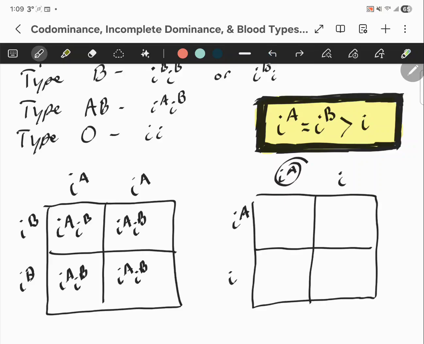Let's use our Punnett square. The first option is they could have kids that are homozygous for the A blood type. We could have kids that are heterozygous for the A blood type, just like the parents are. We could have the same thing here where the kid is heterozygous for type A blood, or the kid could actually have type O blood.